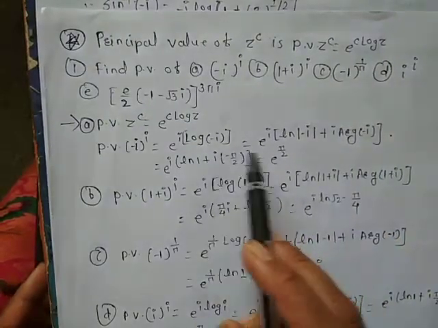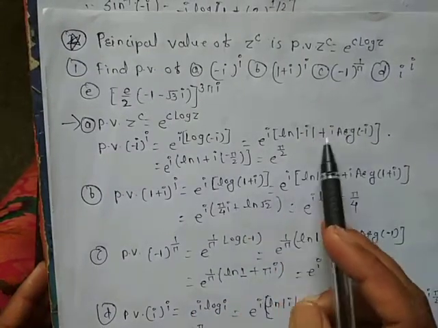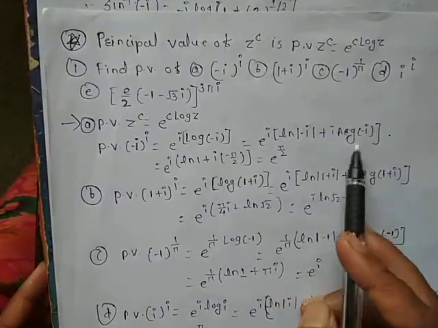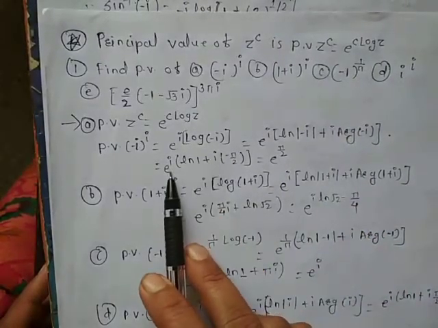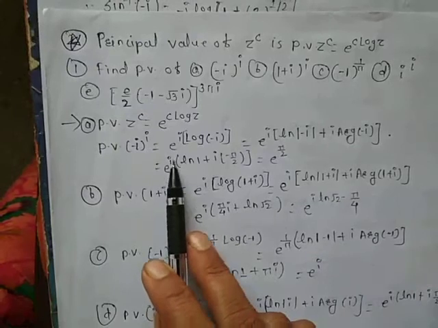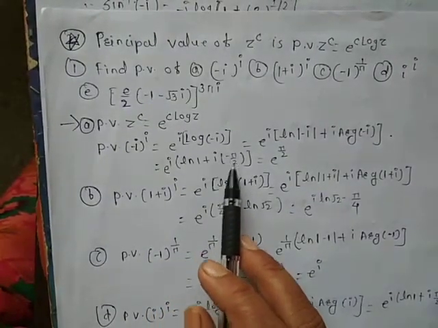So e raised to i into (ln of modulus of minus i plus i into argument of minus i), which is e raised to i into (ln 1 plus i into minus pi by 2).